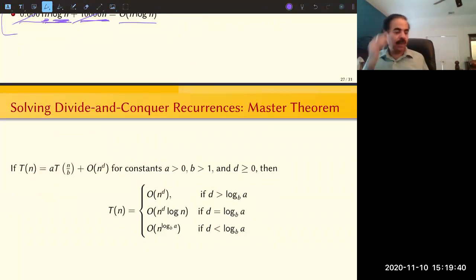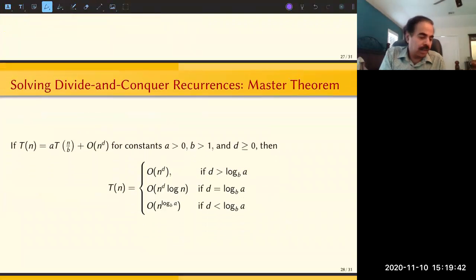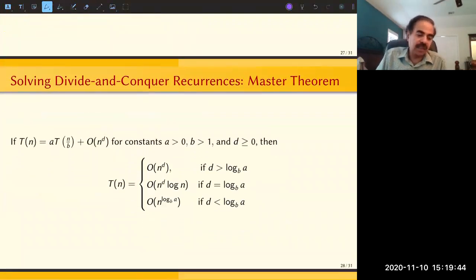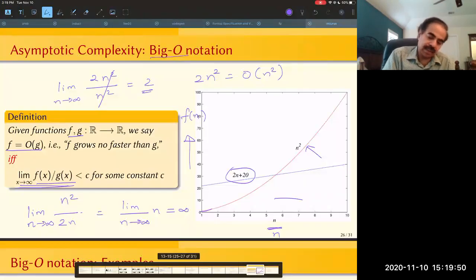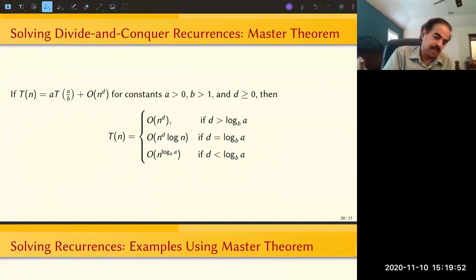Okay. So now we are talking about a different type of recurrence. In the linear recurrence case, we had things of the form f of n equals f of n minus k.